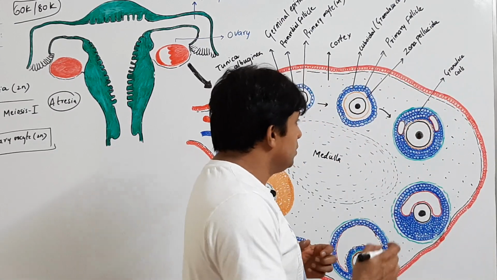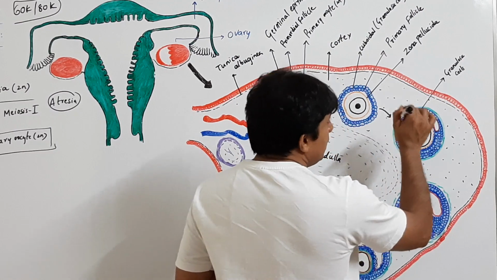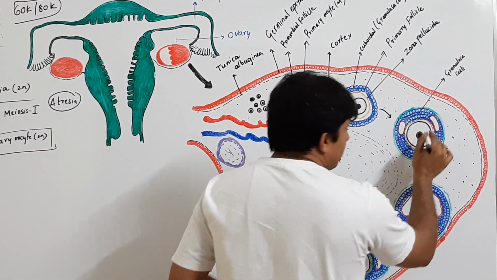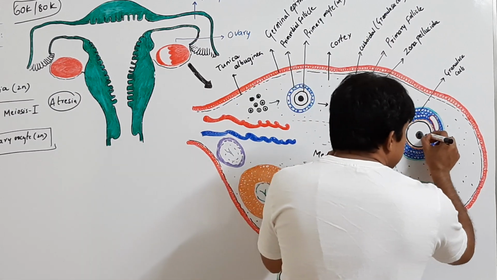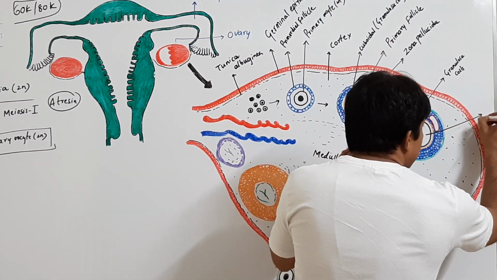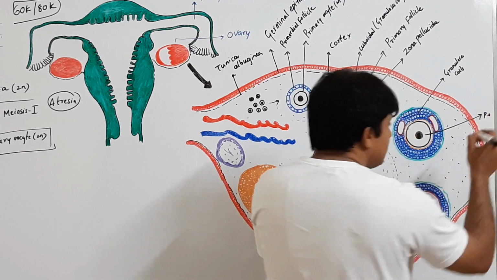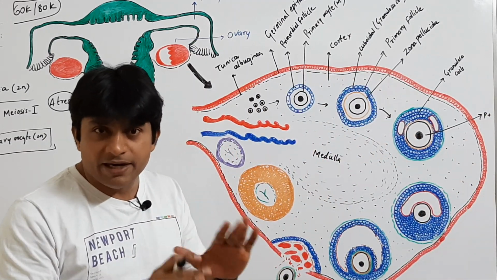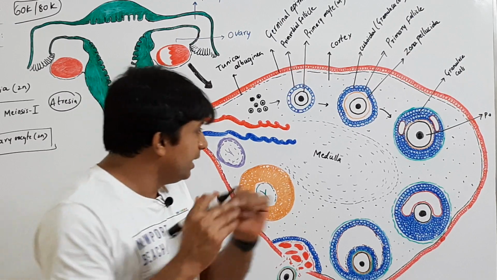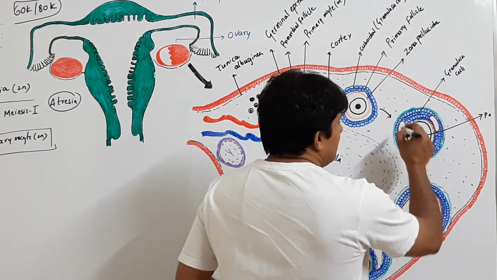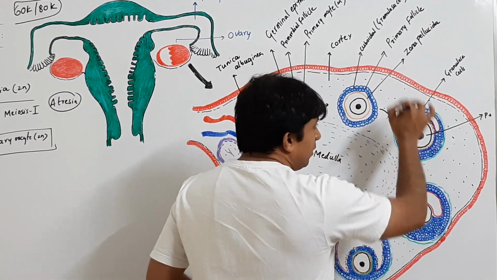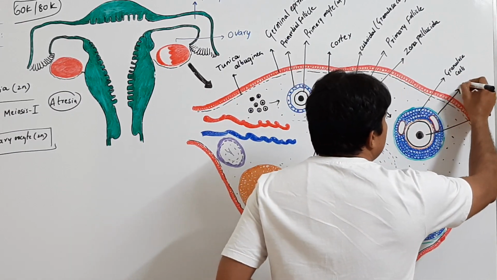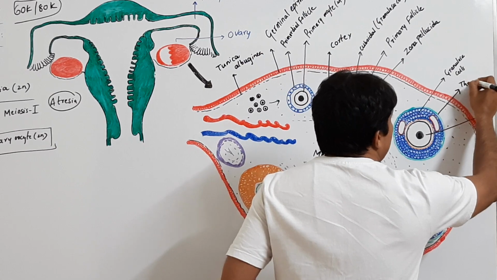At this stage, the primary oocyte inside this follicle is present as such, which is diploid and not further divided. The division is started, but not completed.